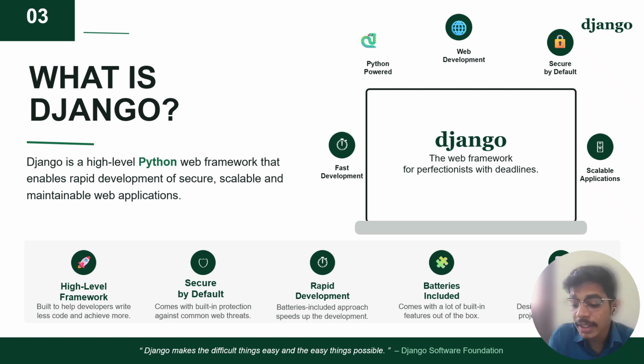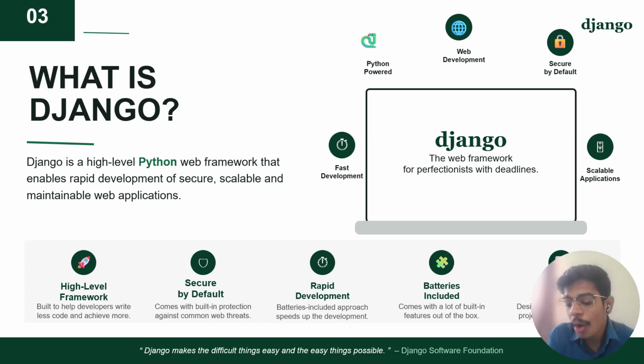One of the biggest strengths is the batteries-included approach. This means Django already provides many useful tools such as authentication, database management, forms, and admin panel without needing additional packages. Finally, Django is both scalable and maintainable, making it suitable for projects of any size. As mentioned at the bottom of the slide, Django makes the difficult things easy and the easy things possible.